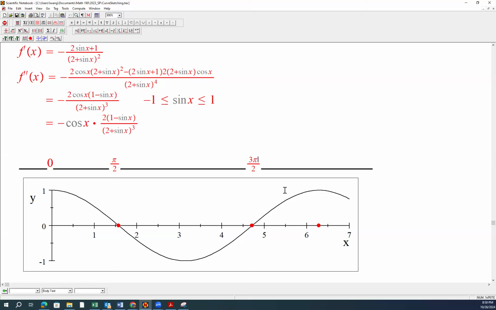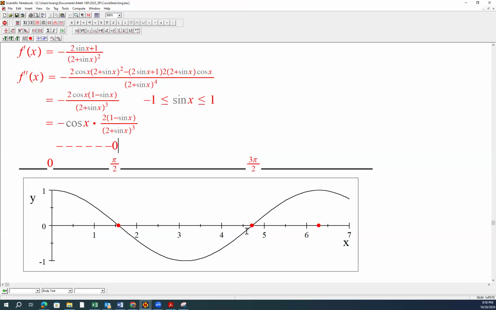You see, from 0 to pi over 2, cosine is positive, so in this interval the second order derivative is negative. Of course, at pi over 2, that's 0. Between pi over 2 and 3 pi over 2, cosine is negative.